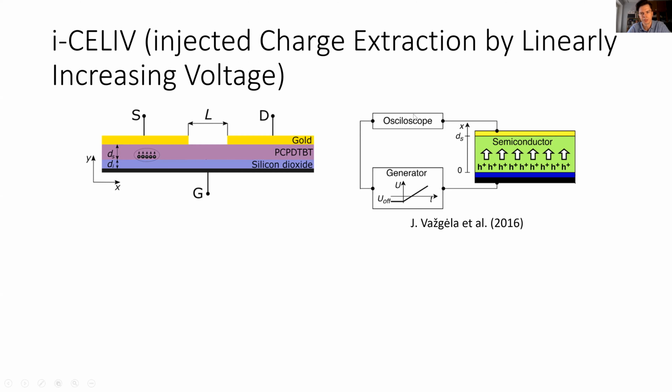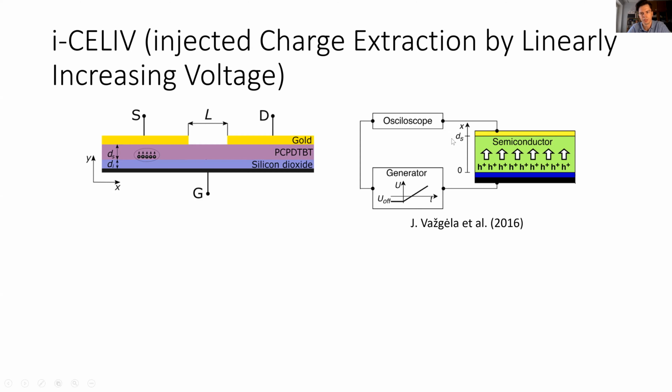In this case, the setup is quite simple. We have a generator and an oscilloscope, which are connected to the active layer. With the ramp voltage, we inject charge carriers, and then we extract them with this linearly increasing voltage. And two main things I should say.